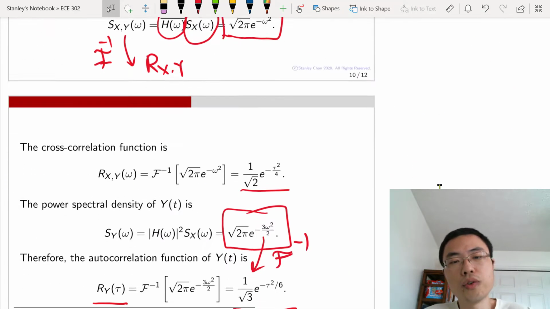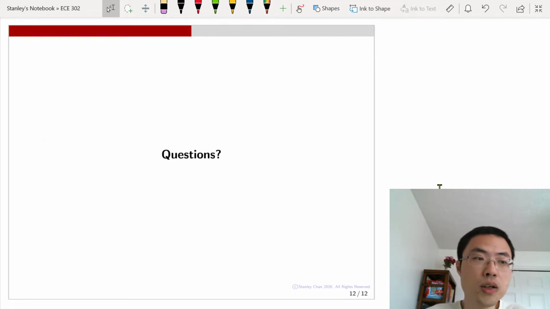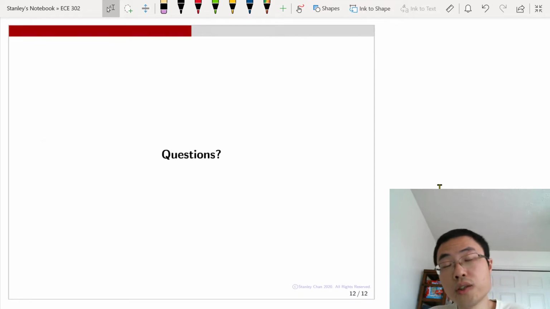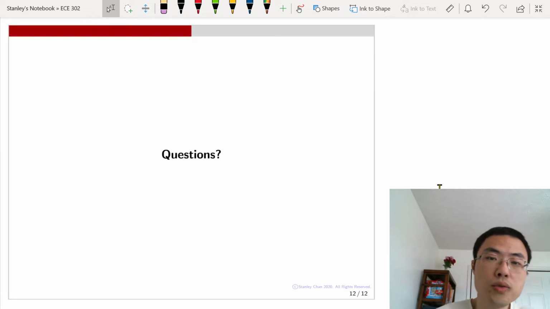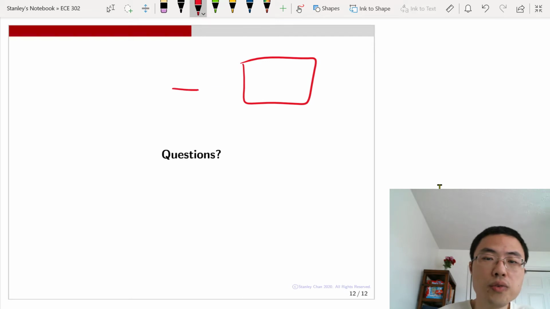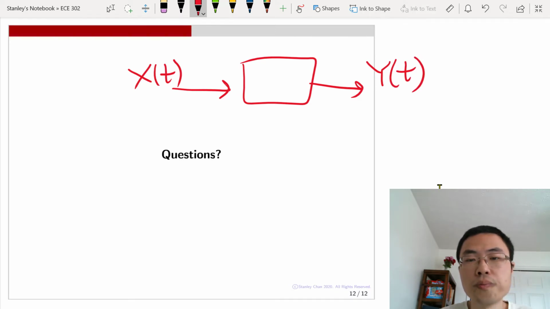Okay, so this is the end of today's lecture, and I hope you have learned some machineries to this random process problem. In particular, for today's lecture, we've gone through this cross correlation function and also the cross power spectral density ideas. The picture to remember is that you have this system, and then you have a random process x of t going in, you have random process y of t coming out.